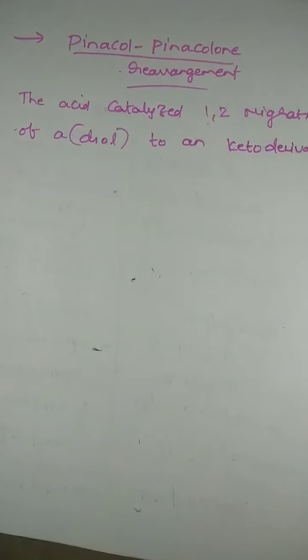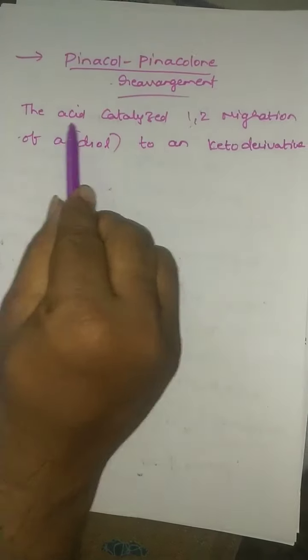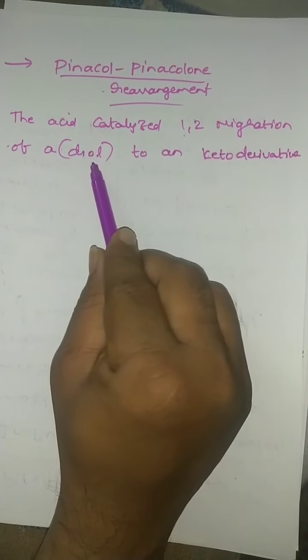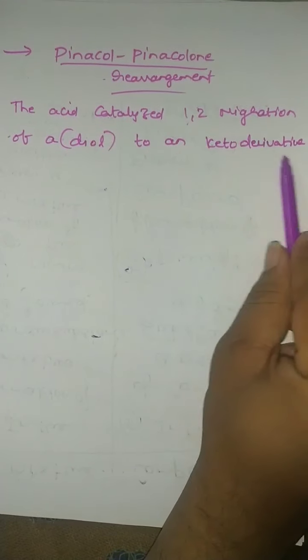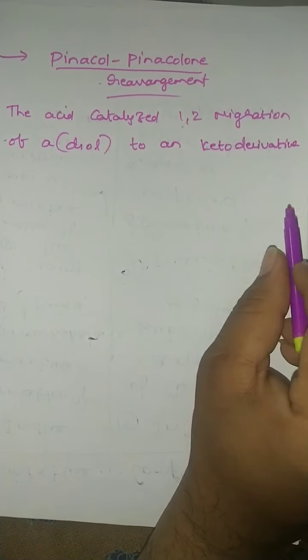You know diols. This is known as the pinacol-pinacolone rearrangement. The acid catalyzed 1,2 migration of a diol to an oxo or keto derivative, we call it the pinacol-pinacolone rearrangement.